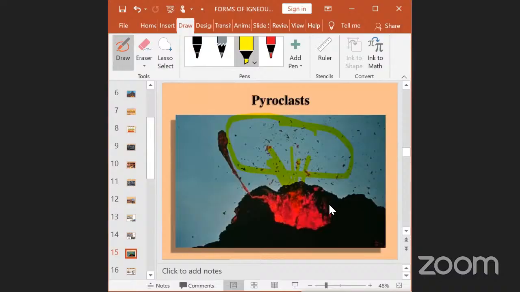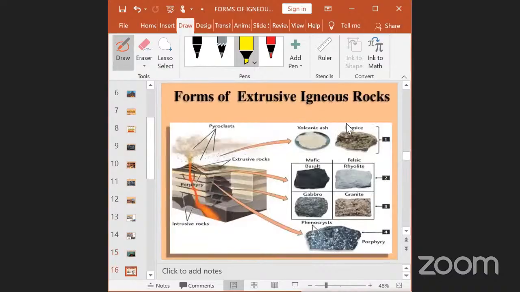These are described variously based on size and shape. You see some of the pictures here: volcanic ash and pumice stone. Basalt, gabbro, rhyolite, granite, porphyry, right?